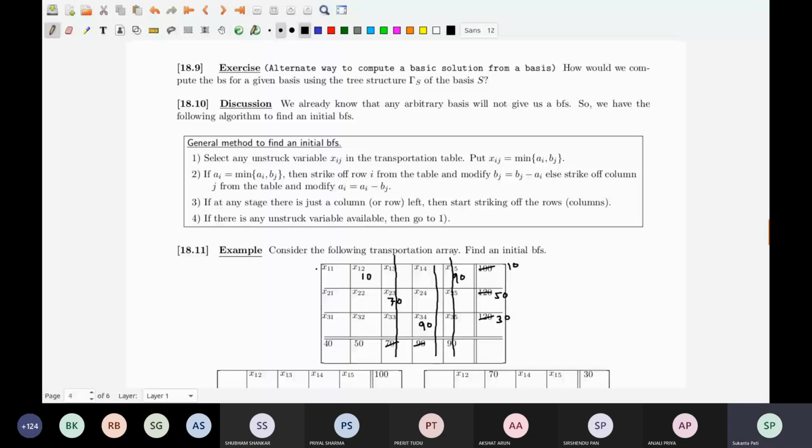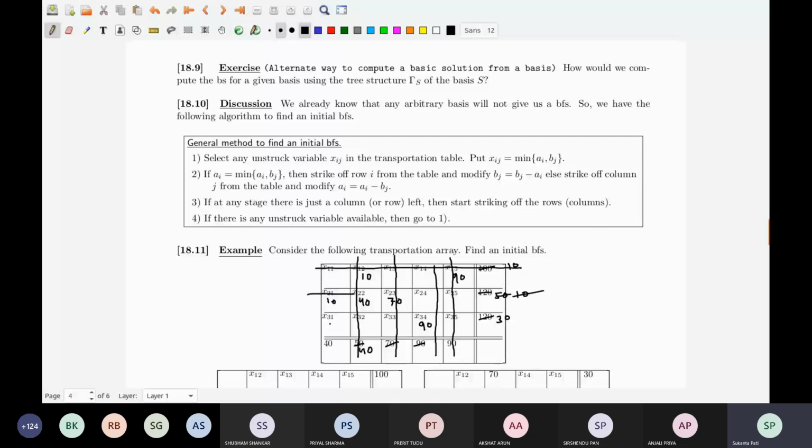Okay, because this is 40 and this is 50, I give 40 here, and now this one goes and this becomes 10. Now because this is 10, this fellow is single remaining, so this one is gone, this is gone, and this is 30. That is fine, everything is matched.